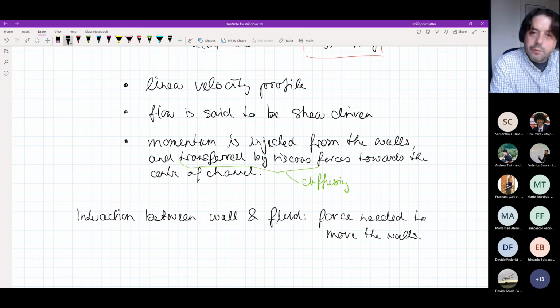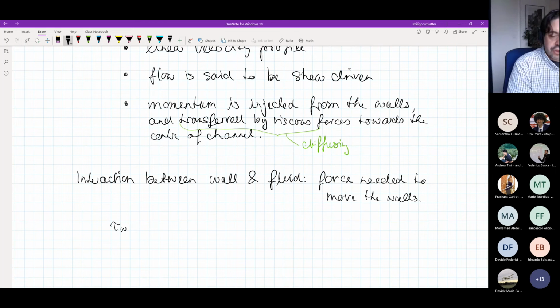So the fluid will somehow exert a restricting force against moving the wall. And of course, this is what we call the wall shear stress, and it's typically denoted as tau wall, or tau W, which is nothing else than the viscosity times the wall gradient. So du dy at the wall.